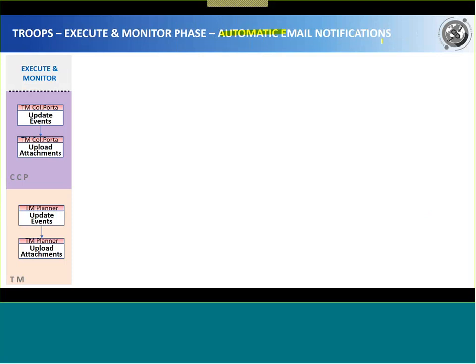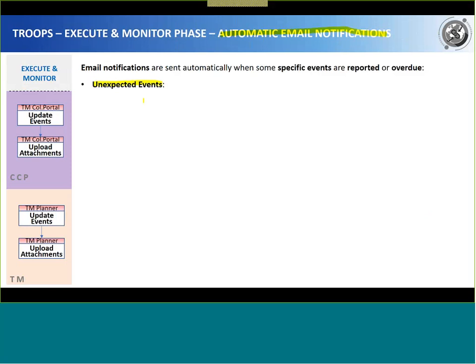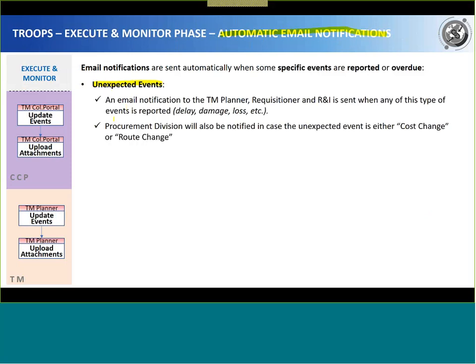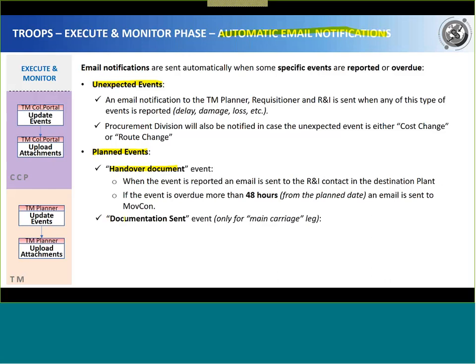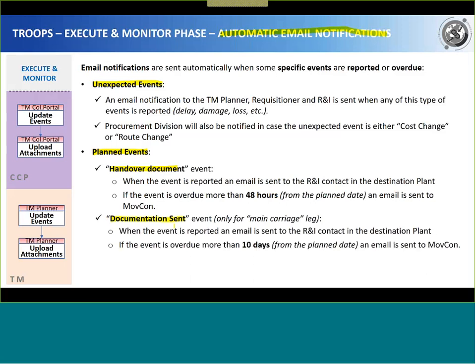Here, for your reference, because we don't have much more time, you have when the email notifications are automatically sent: the automatic email notifications for unexpected events and to whom they are sent, and the same for planned events. Maybe these events don't apply that much to a troop scenario, but you have it here for your reference.